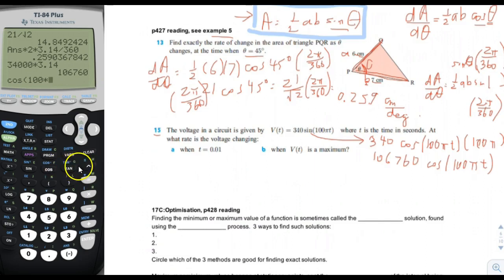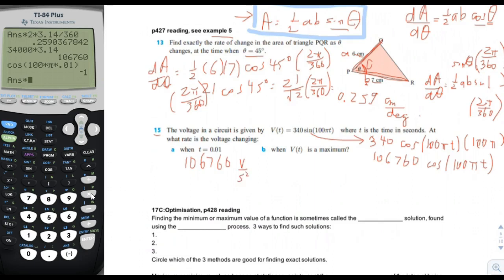There it is. 100 times pi times t, and the t, it says, is 0.01. Okay, and then we find what that is. Oh, it's -1. And then we multiply that times 106,760, and that would be volts per second squared.